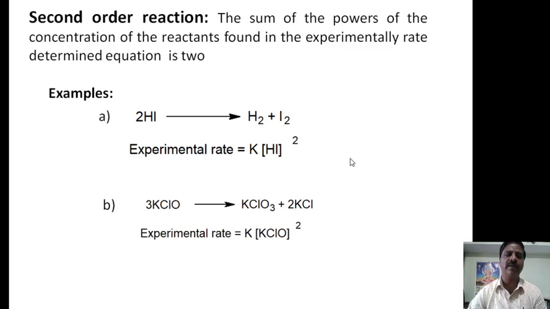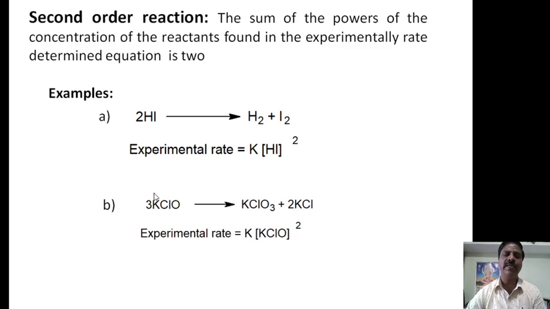Now the second example is potassium hypochlorite. It undergoes dissociation to form potassium chlorate plus potassium chloride.